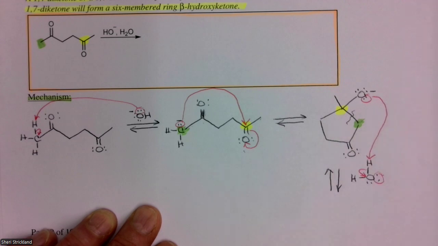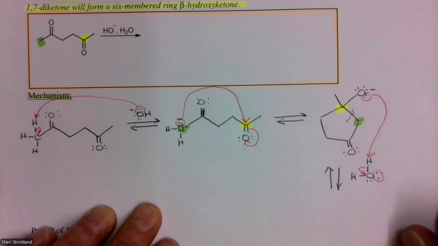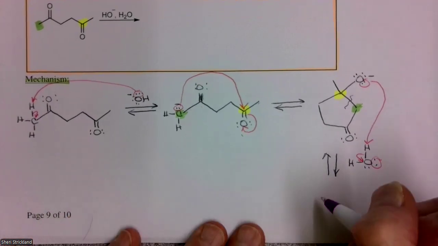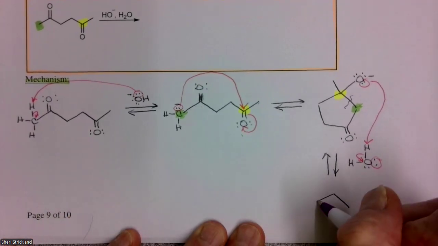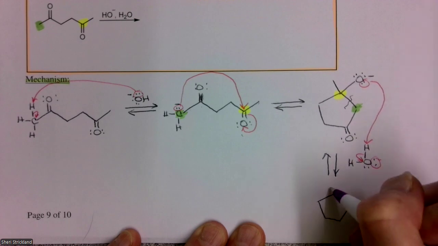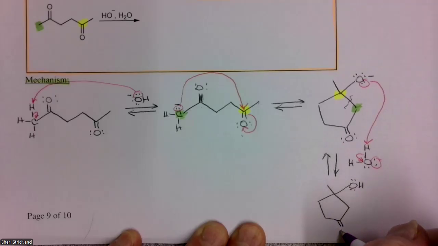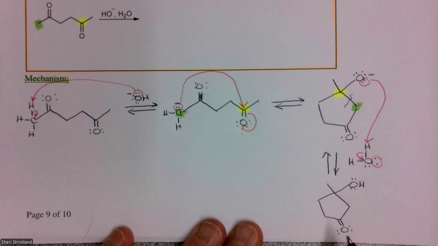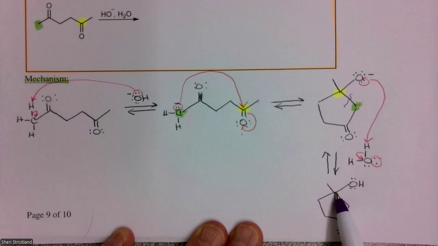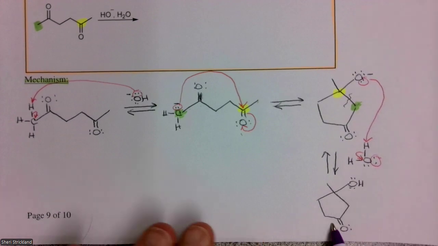Let's just make some more hydroxide. All right, so there's the methyl group. There's the hydroxy group. There's ketone. And this is a beta hydroxy ketone relative to this carbon. This is alpha, this is beta, so it's beta hydroxy ketone.